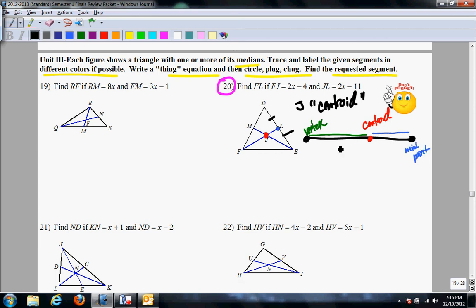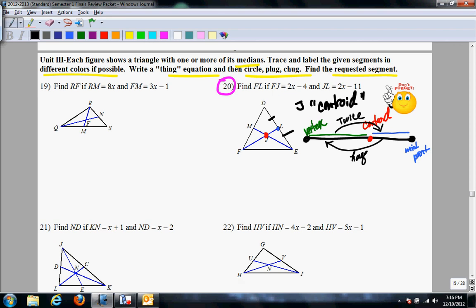So what we have here is that we have a 2x and x relationship. One's twice the measure of the other. I prefer to write it like this. Going this way, this is half of that. Going this way, that is twice of that.